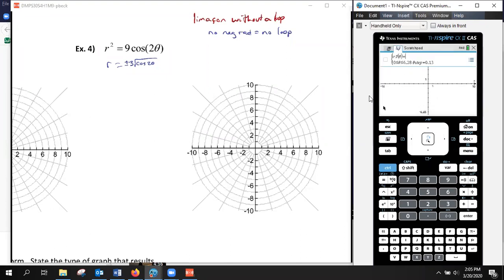And now if I do 3 times the square root, which, oops, not shift, control. So 3 times the square root of cosine of 2 theta.